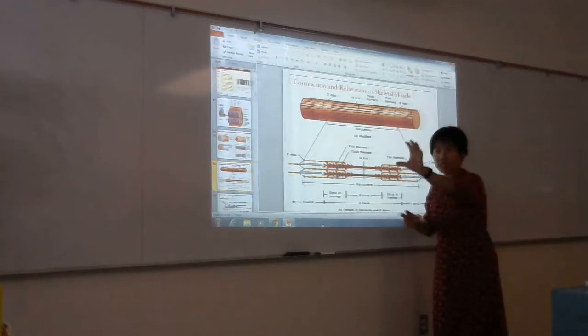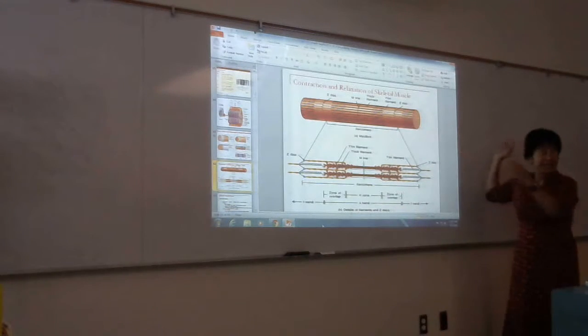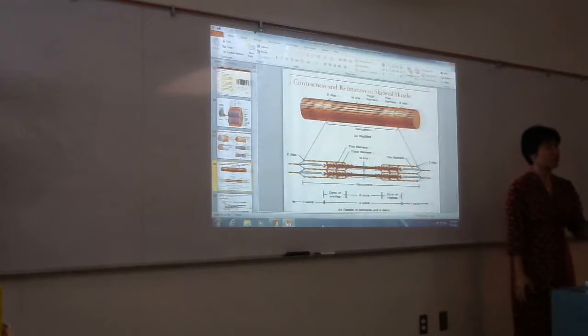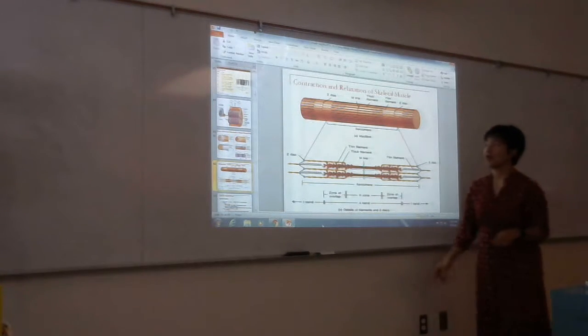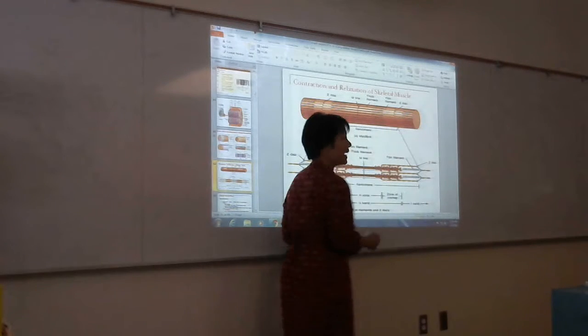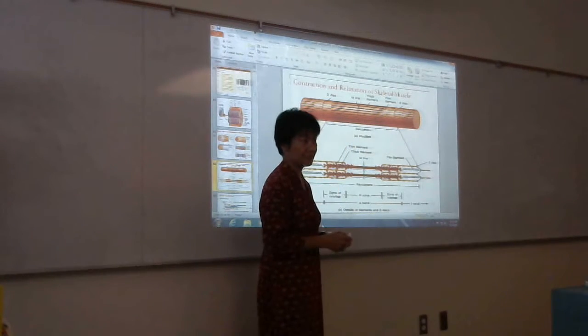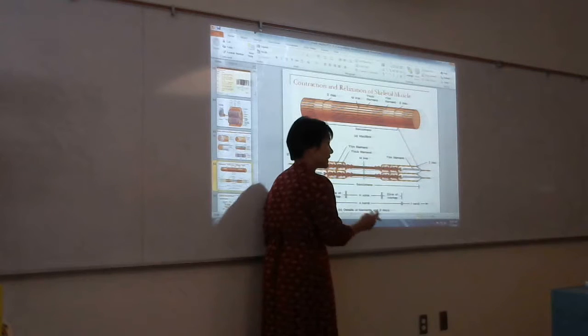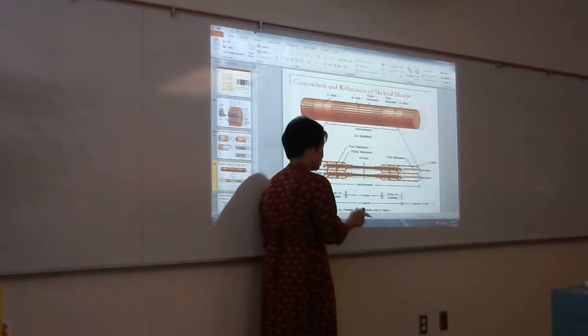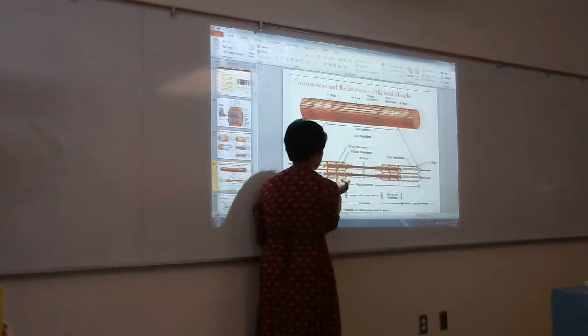But one end is the origin, the other one is the insertion. It's going to pull, it's going to cause movement. Are you all following? Okay? So, normally, when muscle is resting, the binding sites of actin to myosin are covered.